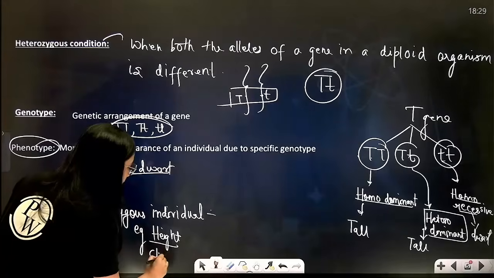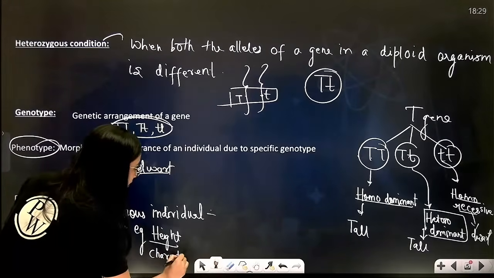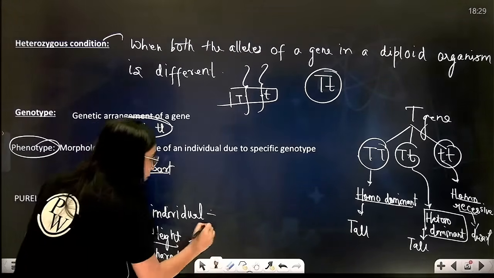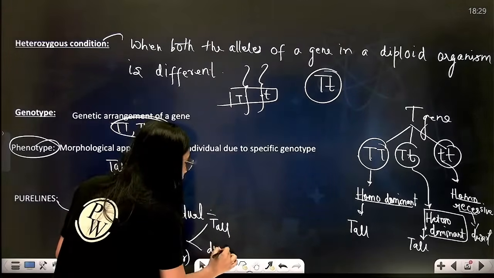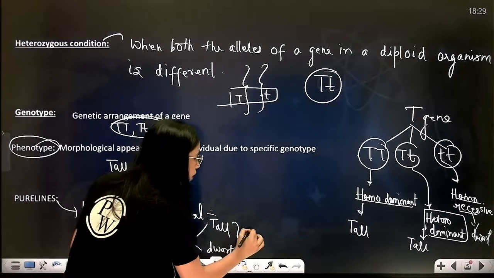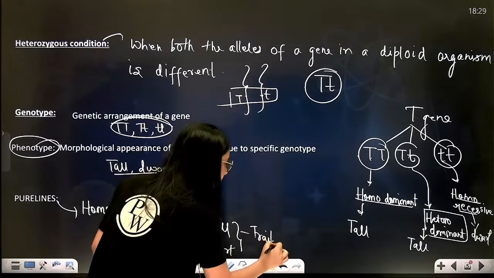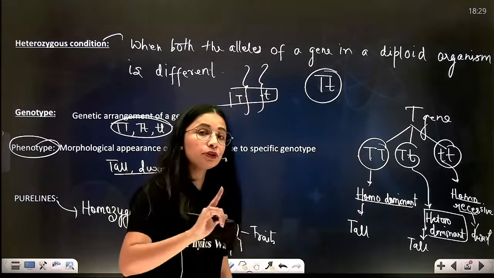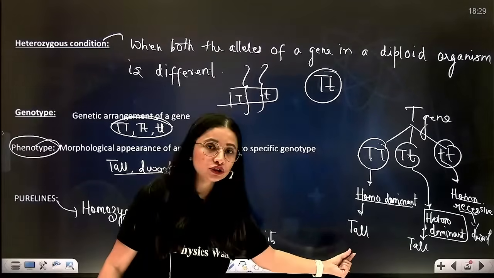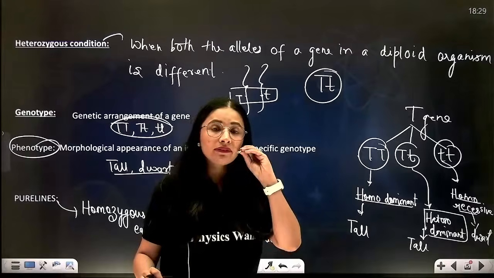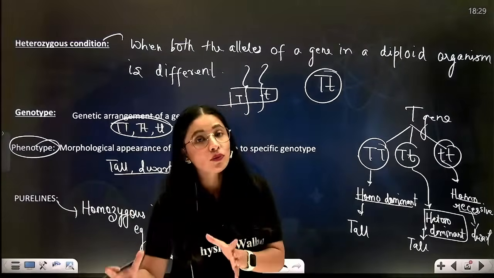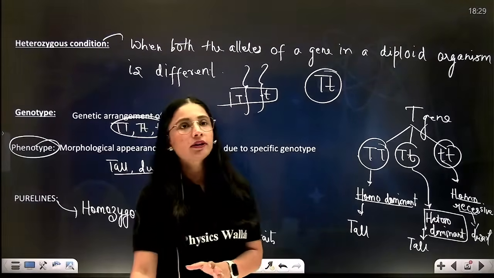Height is a character of an individual which can be either tall or dwarf. So these two are the traits. Now, tallness can be due to two reasons, either homozygous tall or heterozygous tall, but pure lines are only when we are talking about homozygosity, not heterozygosity.